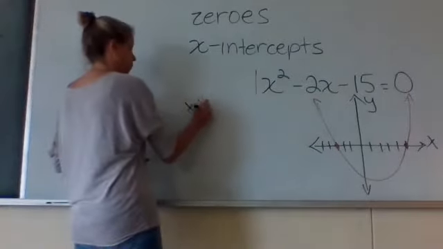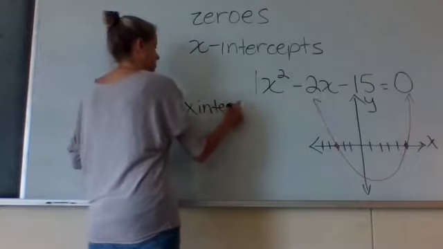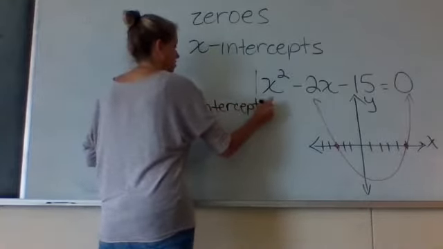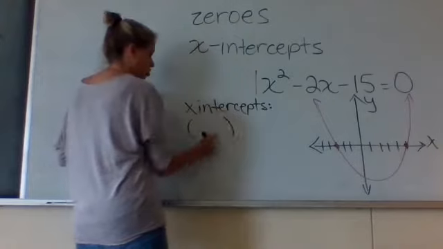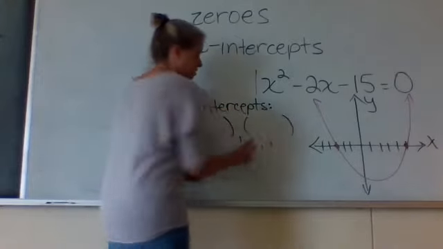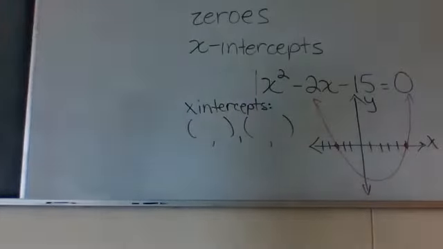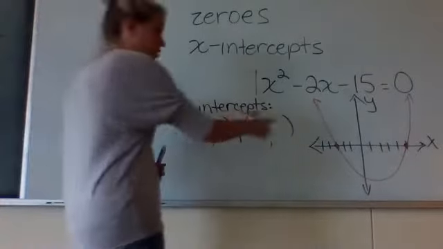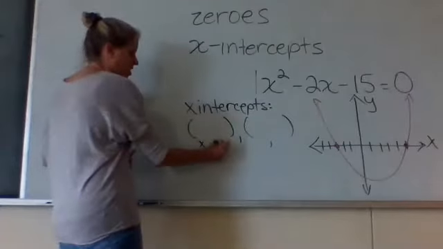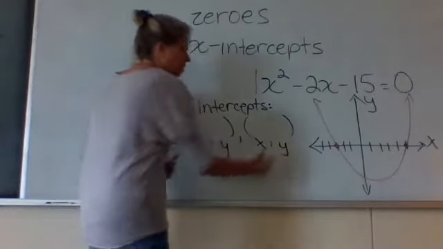The x-intercepts: there's two of them, right? This point and this point are the x-intercepts. Since they are points, you've got an x-coordinate and a y-coordinate.